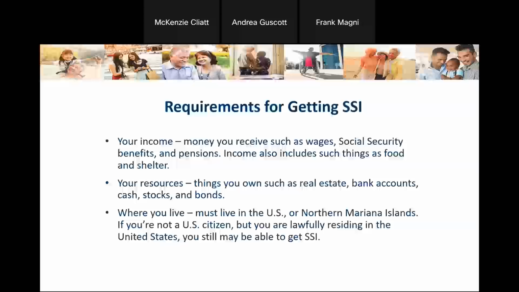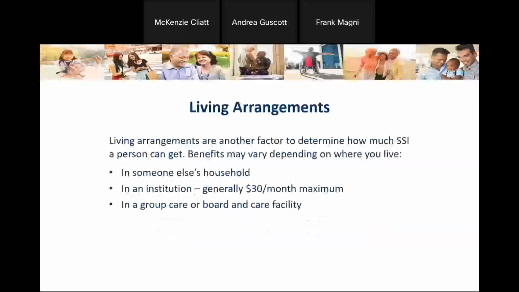Common resources for people are multiple vehicles or homes that an individual does not live in. It's always important to note SSI is only paid to individuals that live here in the United States and the Northern Mariana Islands. If you're not a U.S. citizen, but you are lawfully residing in the United States, there is a chance of getting SSI. There are special rules connected to that, but permanent residents can potentially have eligibility for SSI. Next slide, please.